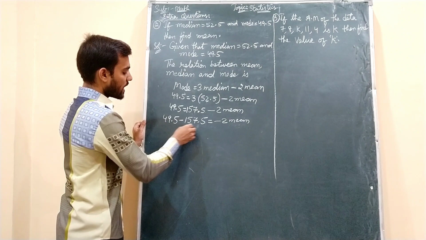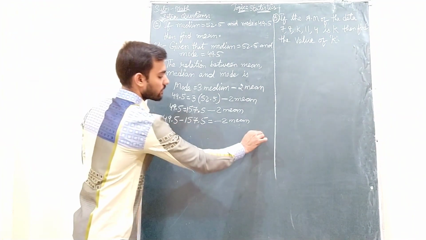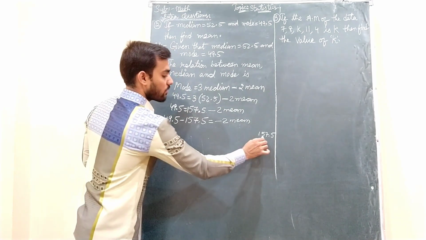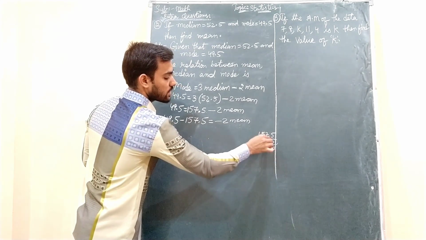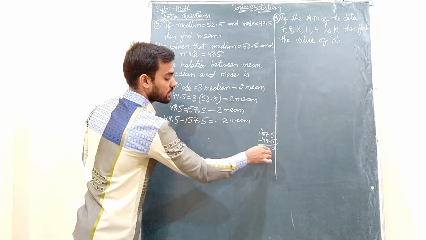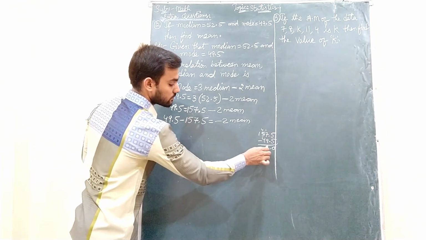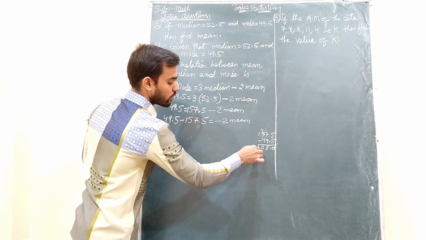Then when you subtract them, 157.5 minus 49.5: 5 minus 5 gives you 0, 7 minus 9 is not possible, so borrowing, 17 minus 9, 8 you will get, and then 4 minus 4 is 0, and this 1 you will get.